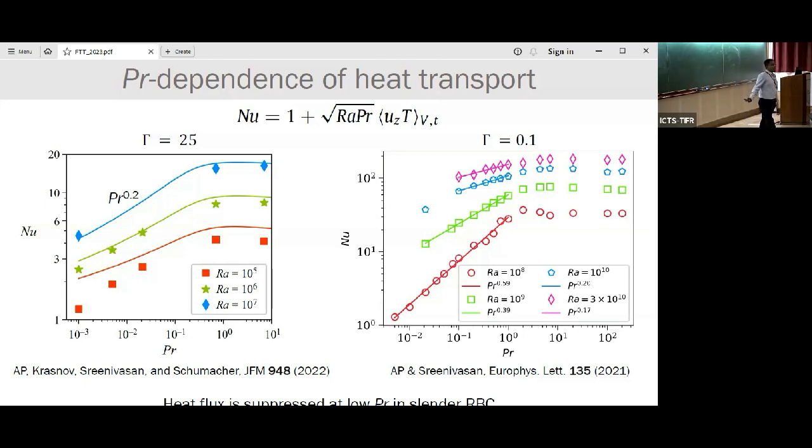So what we can say about the data, as we increase the Rayleigh number, the thermal driving in the slender cell, so at low Rayleigh numbers, the plumes are very thick, and the thickness of the structures or anomalies decreases with increasing Rayleigh numbers. So plumes are very thick, and they try to rise or sink through the slender cell, and they are not separated far enough, and they can't contribute to the heat transfer.